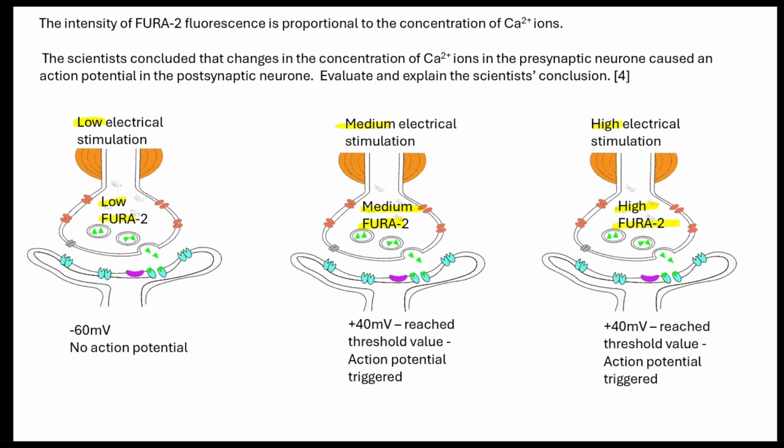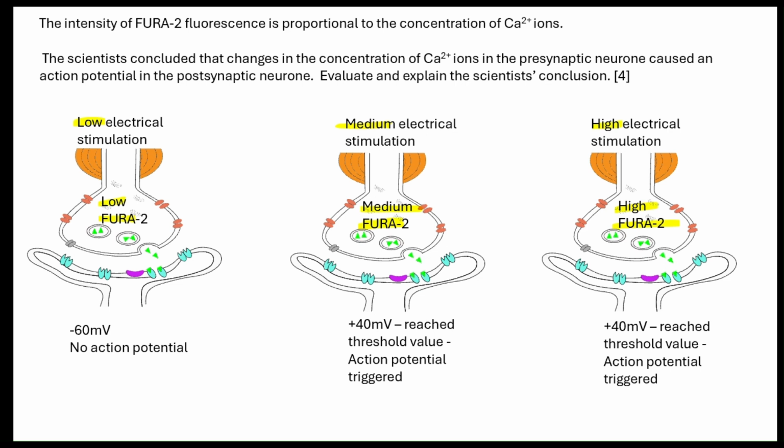Now, the calcium ions are changing from low to medium or high, and there is a difference in the postsynaptic membrane. So we can quite clearly see that when we have a low stimulus, we do not have an action potential being reached. However, when we have a medium and high stimulus, we do have an action potential triggered.